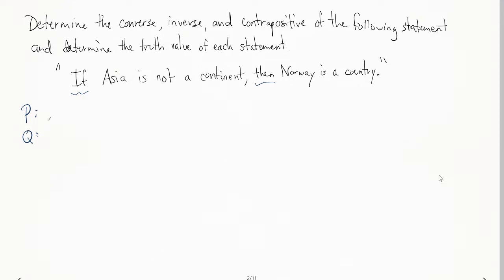So the hypothesis is Asia is not a continent, and since Asia is one of our 7 continents, we know that this is false. In our second one, Norway is a country, and it most certainly is over in Europe, so this is actually true.